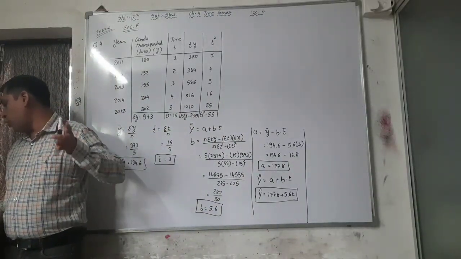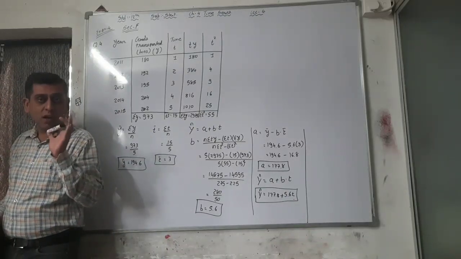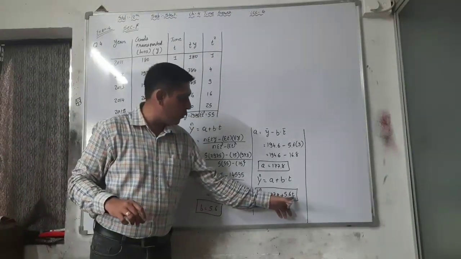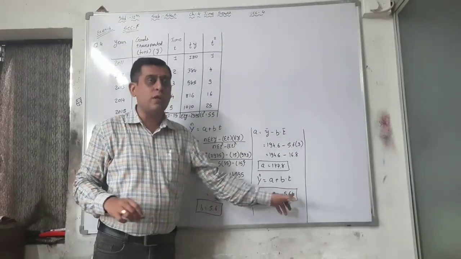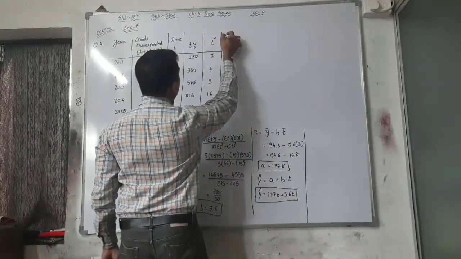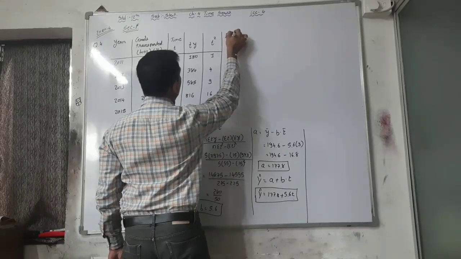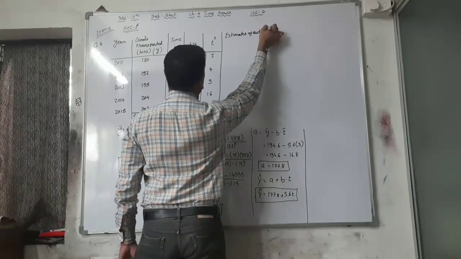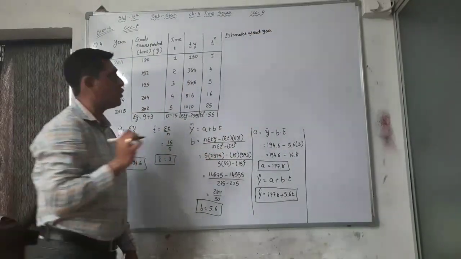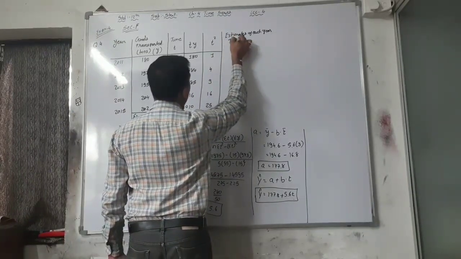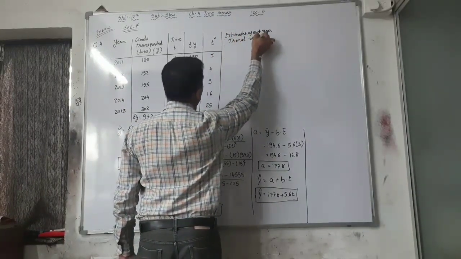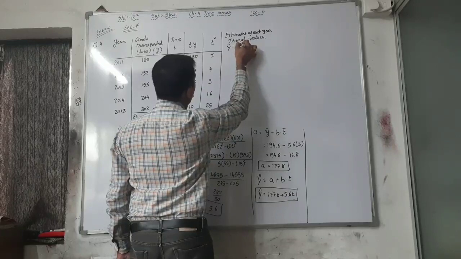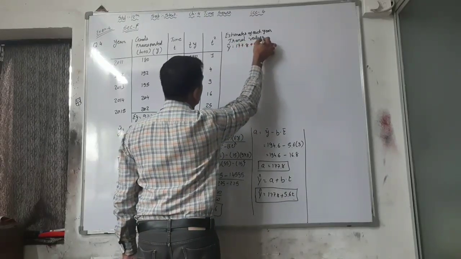Find the estimates for each year, that is trend values, and you have to find out estimates for each year by putting 1, 2, 3, 4, 5 as t into this. So here we are writing estimates of each year, or we can write trend values. Here we have to write the equation. Y cap is equal to 177.8 plus 5.6 t.